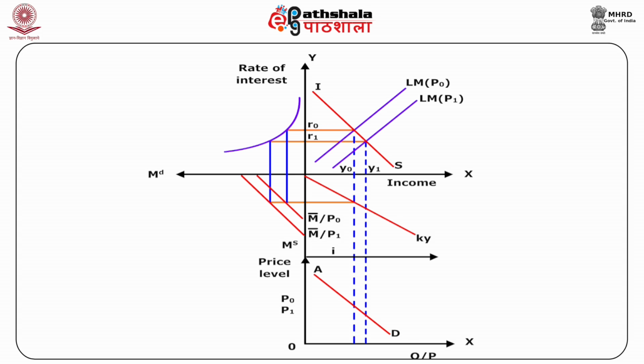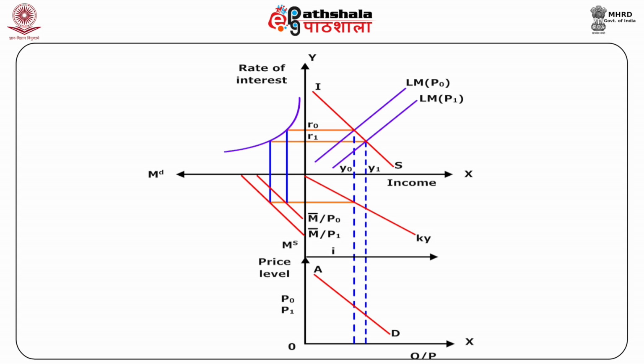Now, let us consider a new money supply function. The supply of real cash balances now in the third quadrant is M bar upon P1, and P1 represents a lower level of prices in the economy. So, when the price level goes down and the nominal money supply is the same, M bar, the supply of real cash balances goes up, and accordingly the LM function has expanded.